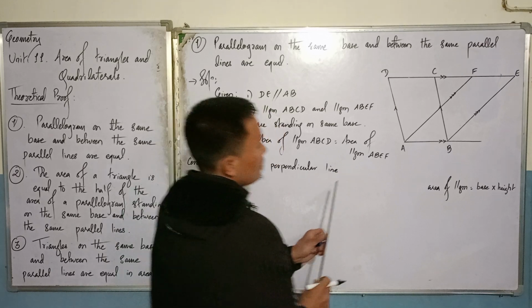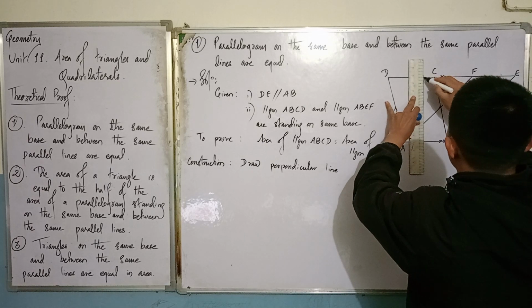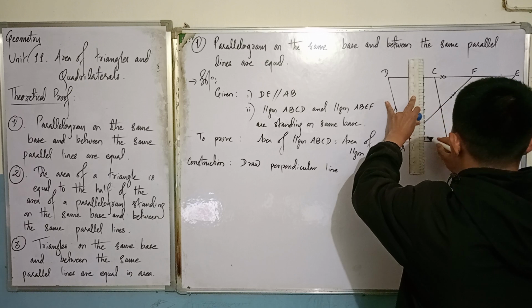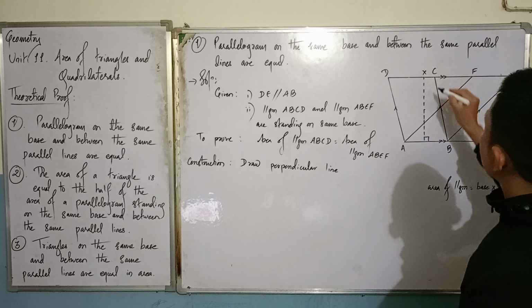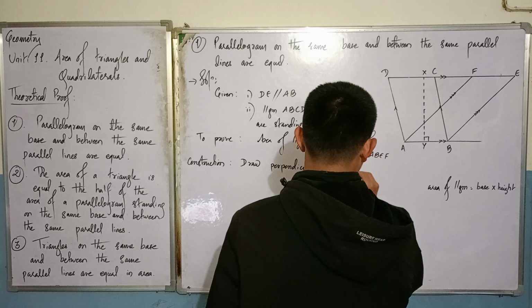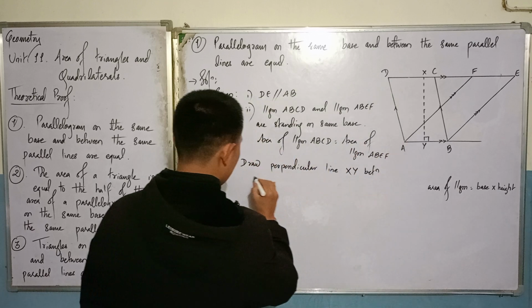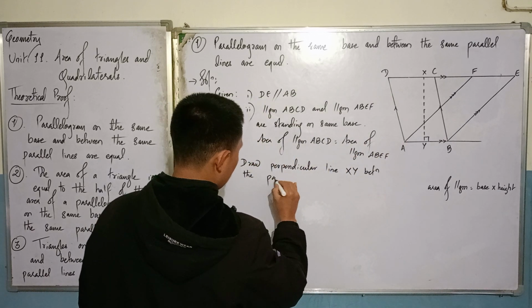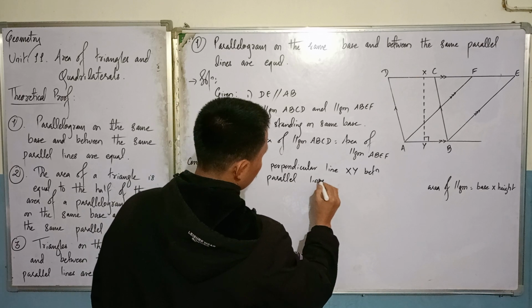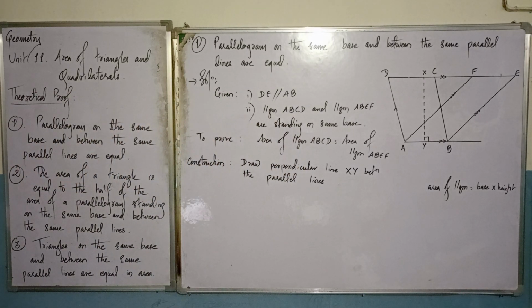Let's suppose that line is XY. Okay, this is X and this is Y. Draw the perpendicular line XY between the parallel lines.